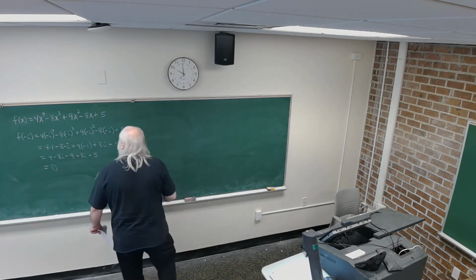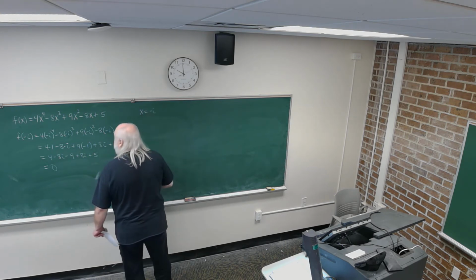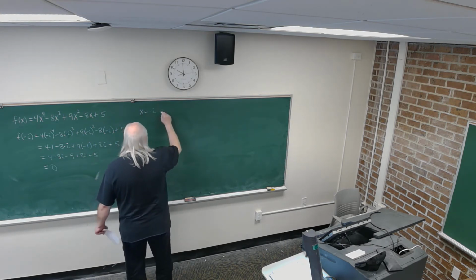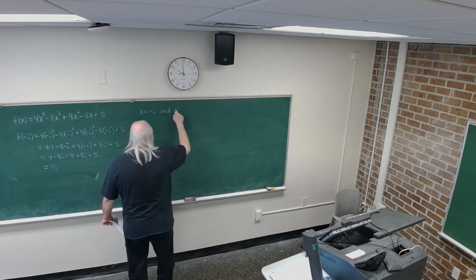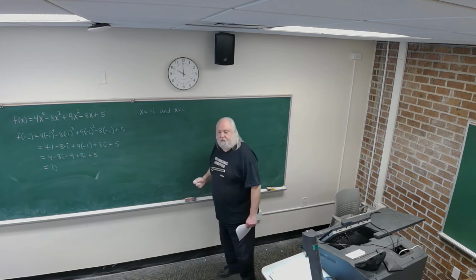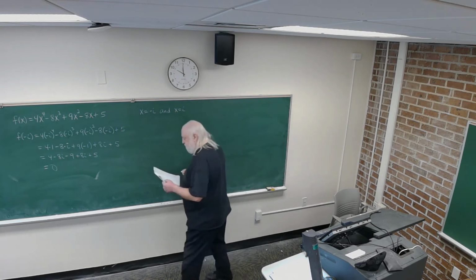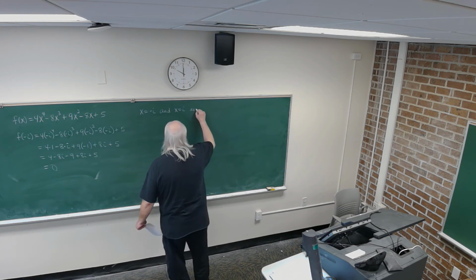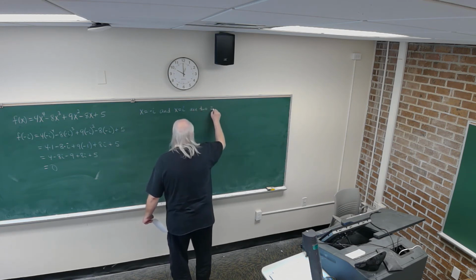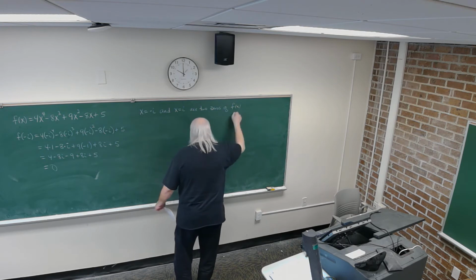Well, if x equals minus i is a 0 of that polynomial function, then x equals plus i has to be, right? Because remember, complex zeros come in pairs. So if minus i is a zero of the polynomial function, then x equals plus i is a zero. Okay? So these are two zeros of f of x.